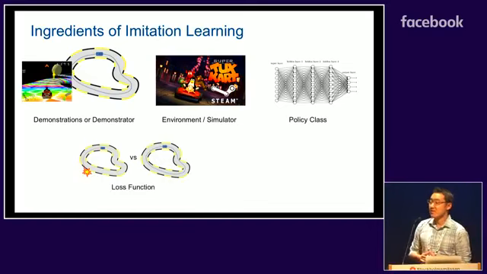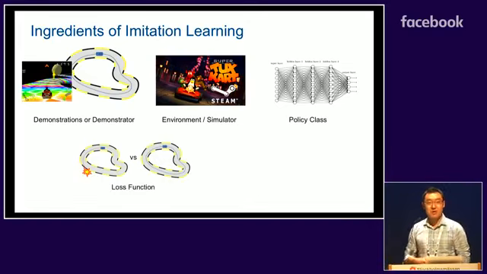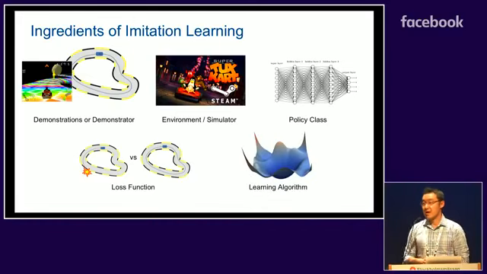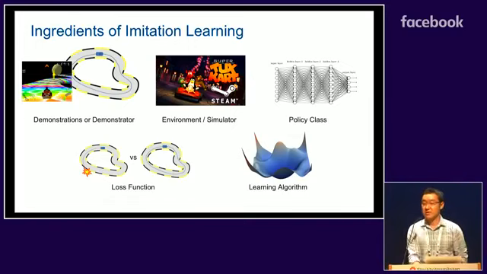You define an imitation loss function that characterizes the mismatch between a trajectory that your policy executed in this environment versus an expert demonstration. And finally, you use a learning algorithm to optimize for a policy within your policy class, given this loss function and this training set. You can think of it as a variant of supervised learning, where instead of predicting a single example IID at a time, we're learning to predict a sequence.